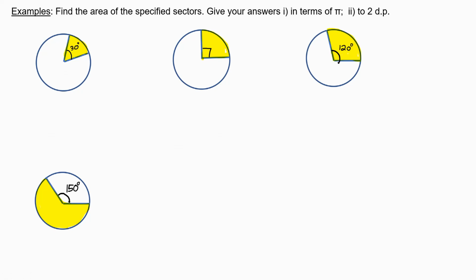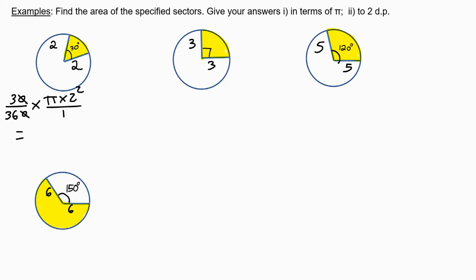So if we look at some examples here, the first one, I want to find the area of the shaded part of the circle, which is the minor sector. So the angle is 30, so I need to do 30 over 360 times pi times 2 squared, and again I like to put that over 1.